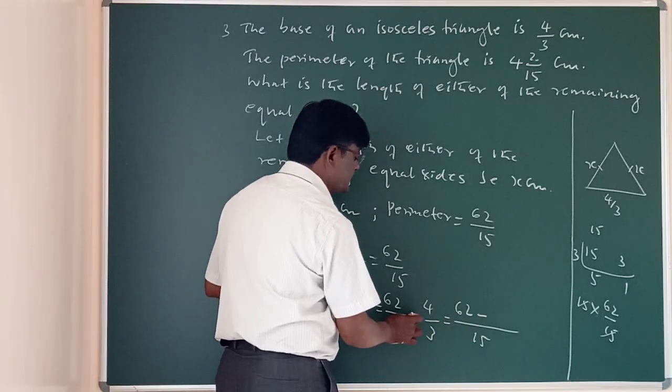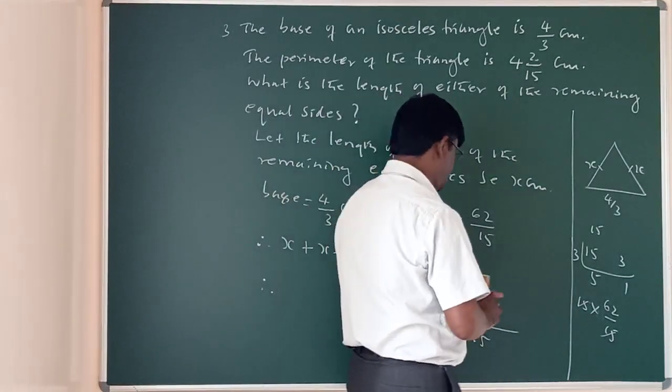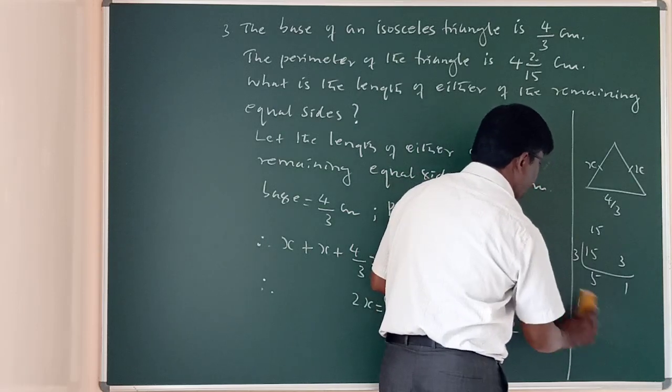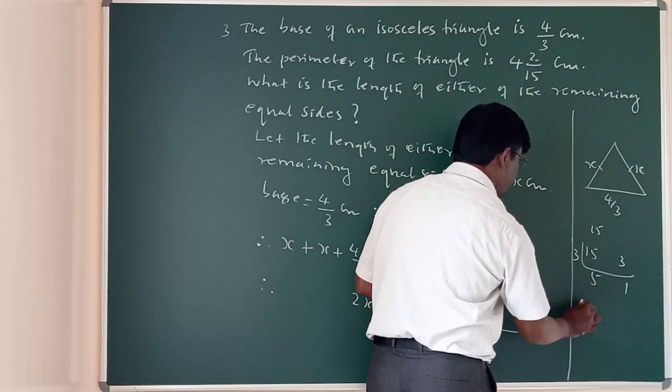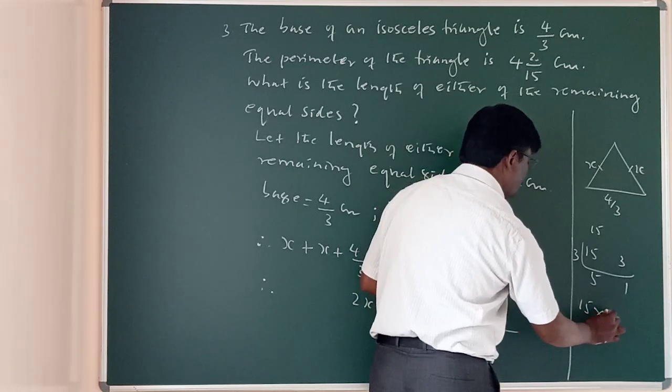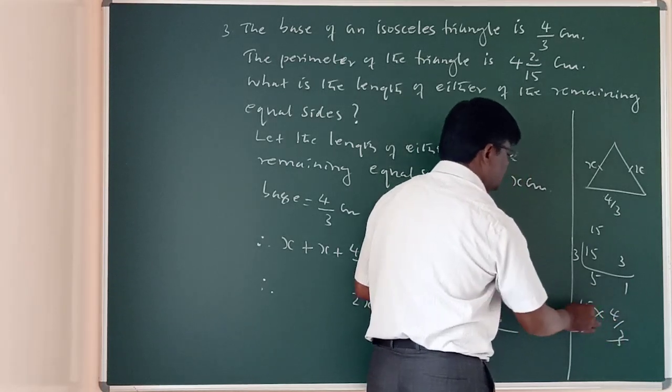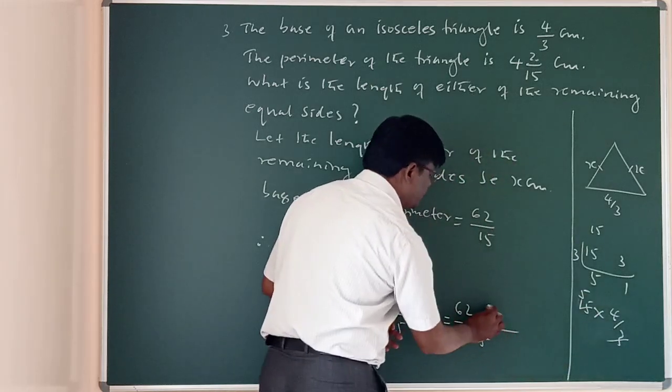Minus, then again LCM 15 into 4 by 3: 3 fives are 15, 5 fours are 20.